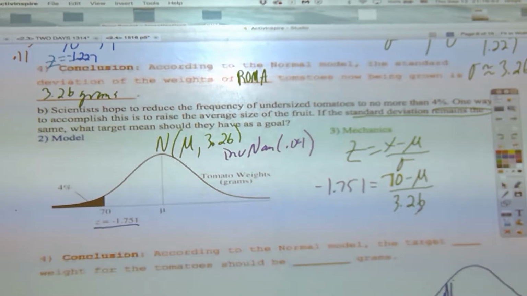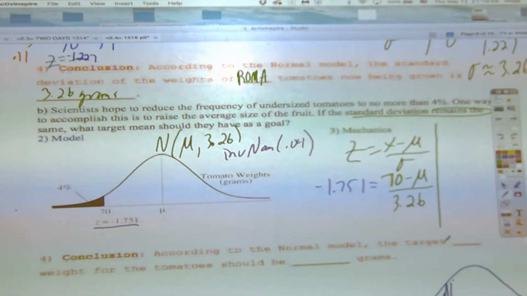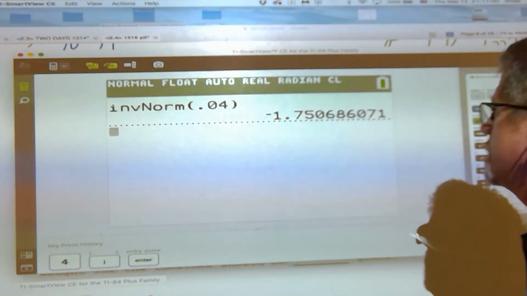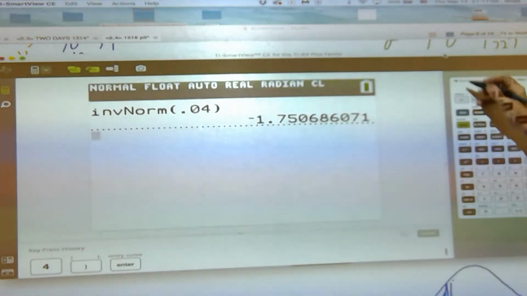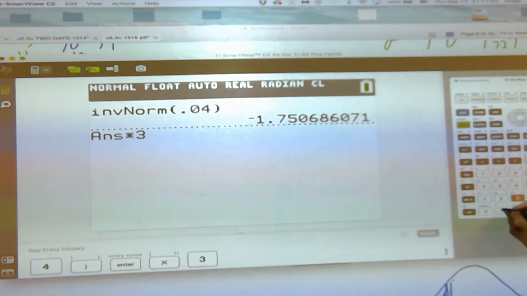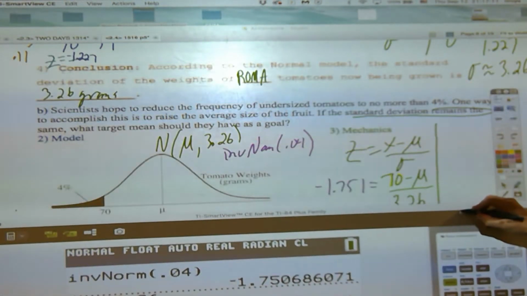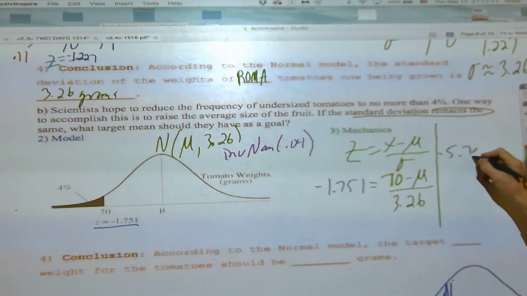We're going to multiply by 3.26. If I take the Z-score, negative 1.751, and multiply it by 3.26, I get negative 5.707.